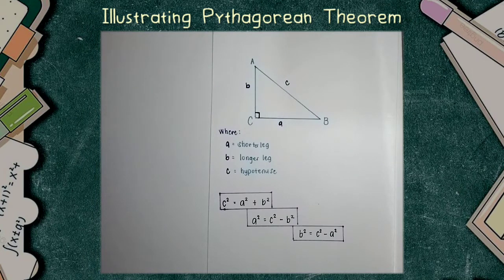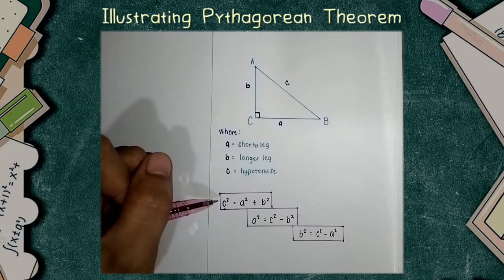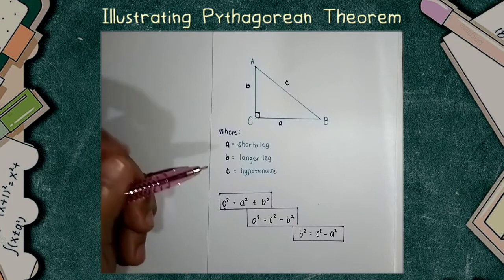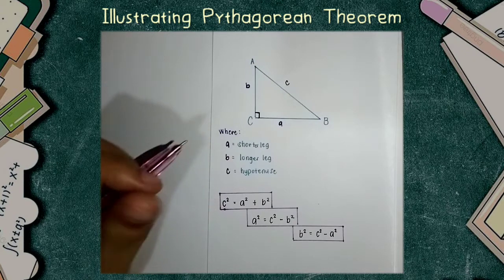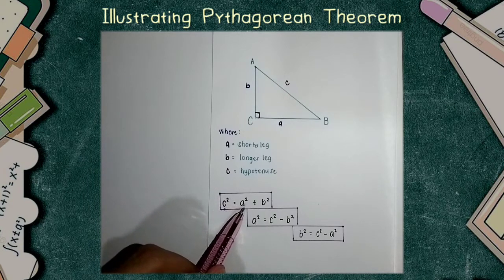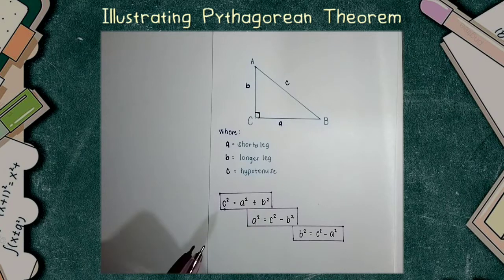Okay, so in Pythagorean theorem, when we find the length of the sides of a right triangle, we can use the following formulas. Kapag ang hinahanap natin ay yung hypotenuse or side C, we can use this formula: C squared equals A squared plus B squared.